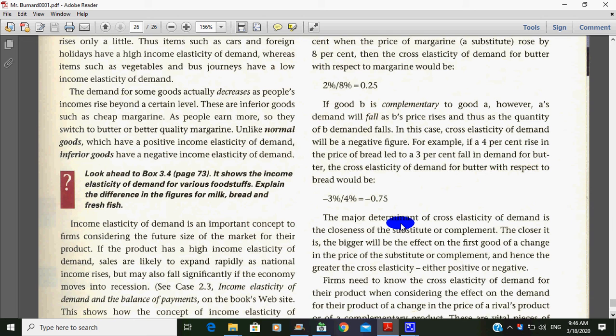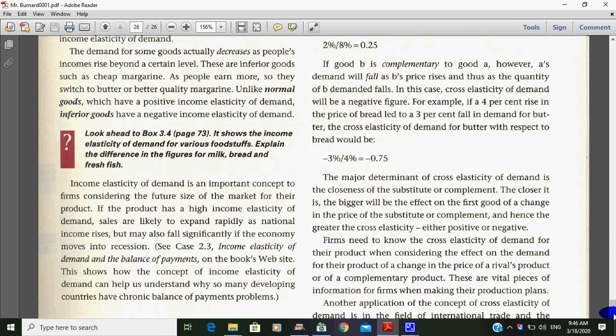The major determinant of cross elasticity of demand is the closeness of the substitute or complement. The closer it is, the bigger will be the effect on the first good of a change in the price of a substitute or complement, and hence the greater the cross elasticity, either positive or negative. Firms need to understand this.